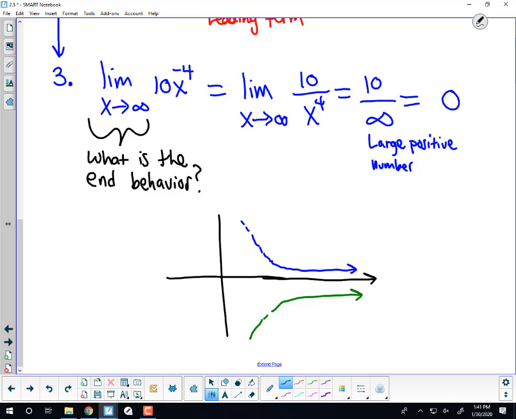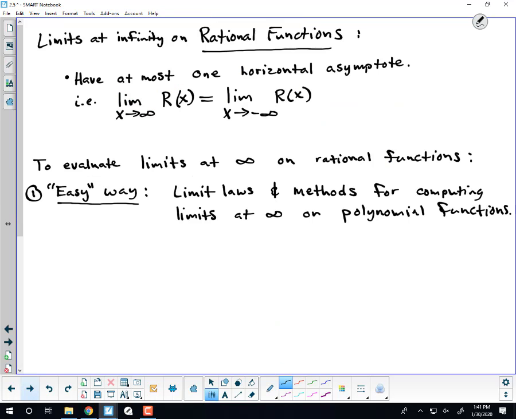Okay. So with all of this in mind, we can look at how we compute limits at infinity for rational functions. Again, what we're asking more or less is, what is the end behavior of this rational function? So what were rational functions again?